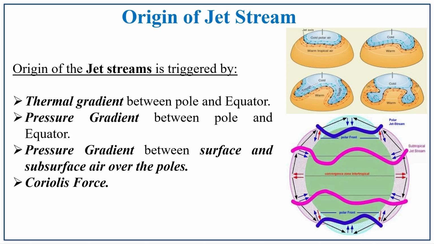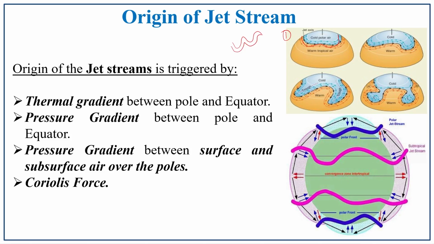So, you can see in this diagram that the main cause is the warm and cold air mixing. This warm and cold air mixing takes place in diagram 1. And in fluvial action, in river action, you might have come across the process of meandering. So, meandering takes place in river action.